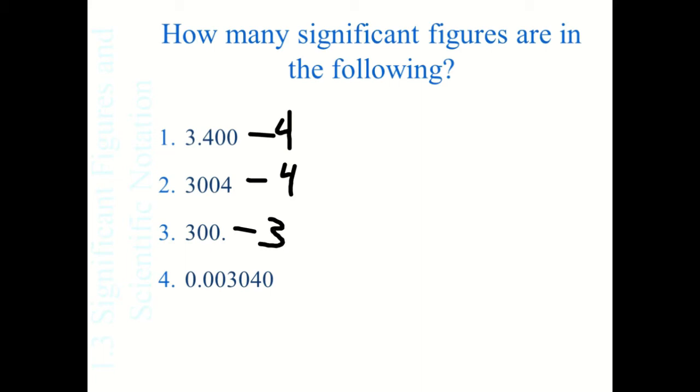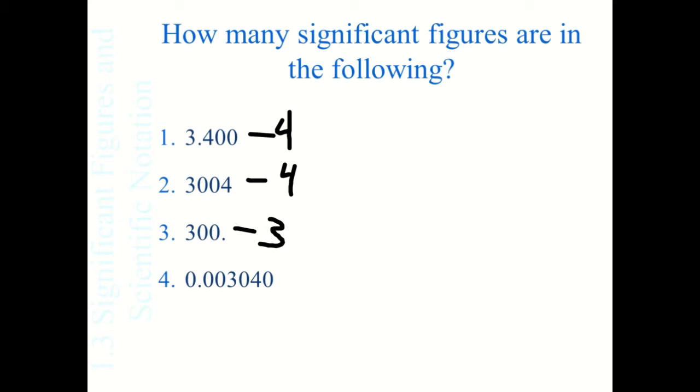Back to these ones. Do I have to put those? So are they significant? If I remove those, it changes the value of it, but what does that mean about these zeros? They're placeholders. So they're insignificant zeros. What about this zero? Significant.